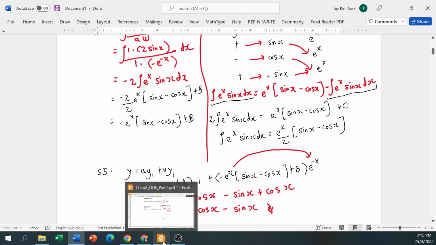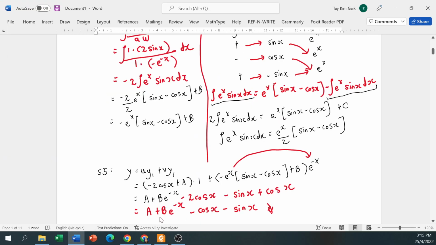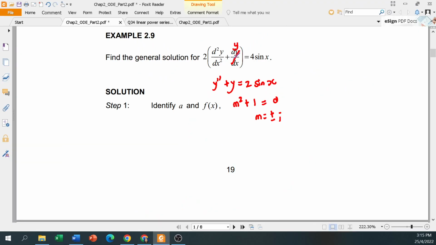So for your module here, if you want the original question, the answer should be a plus b e^(negative x) minus cos x minus sin x. Or else you change the question from dy/dx to y.